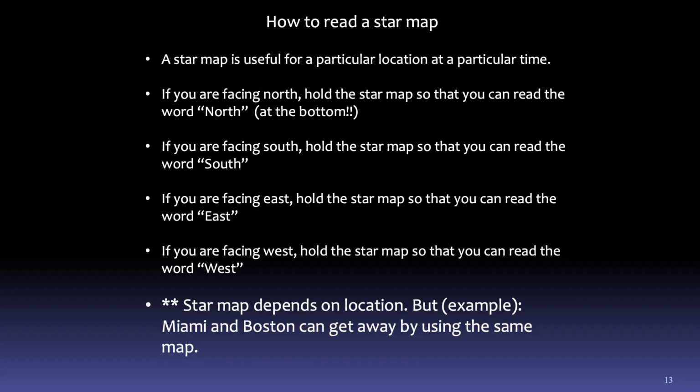Even though you think of the United States as a huge country, on the scale of the Earth it's actually quite a tiny fraction. So a star map for Miami and one for Boston have little differences, but not by much.